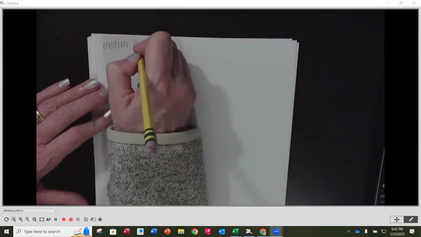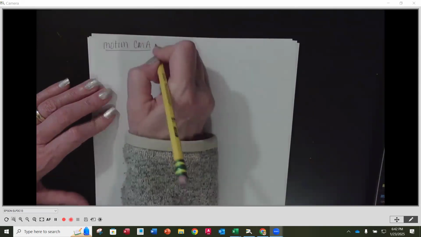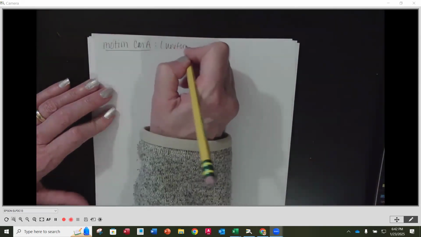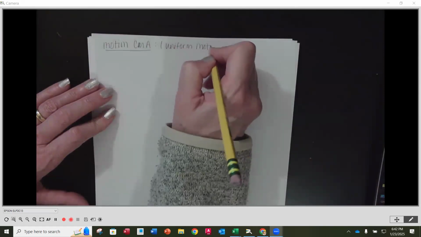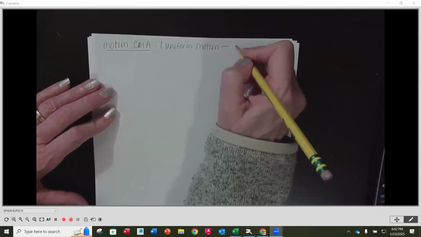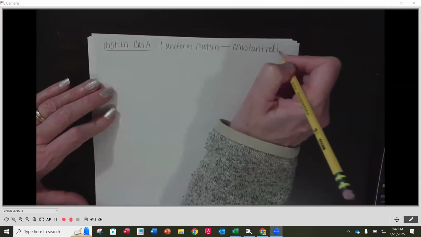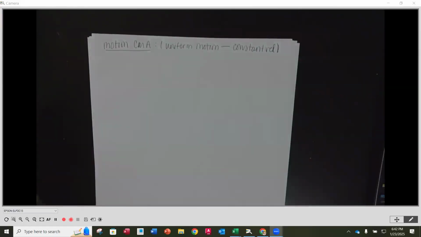Motion of car A. Okay, and as we said earlier, this is going to be uniform motion, which again, I call constant velocity. But again, the book uses uniform motion as how they describe it. Same thing, they're equal.